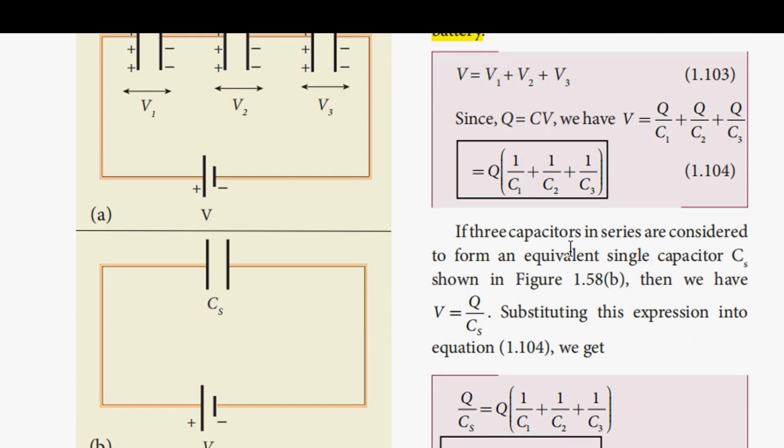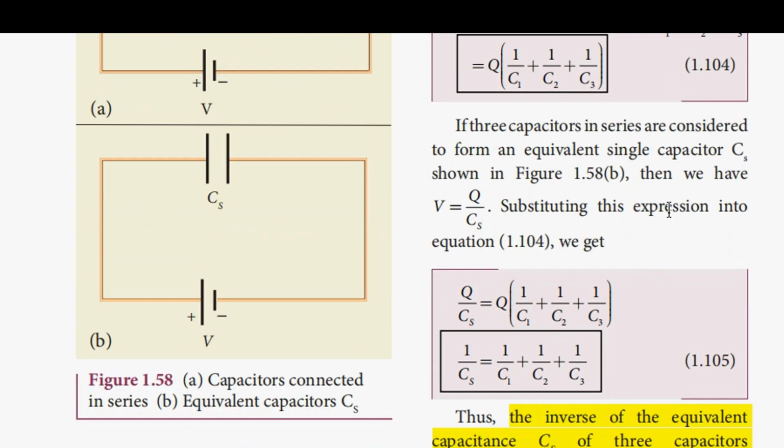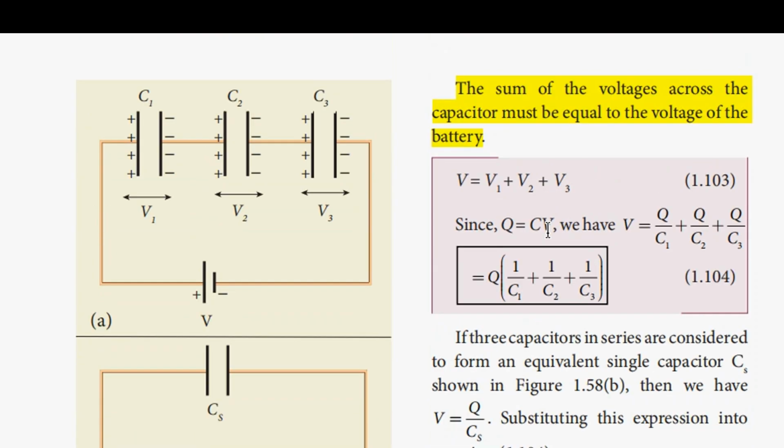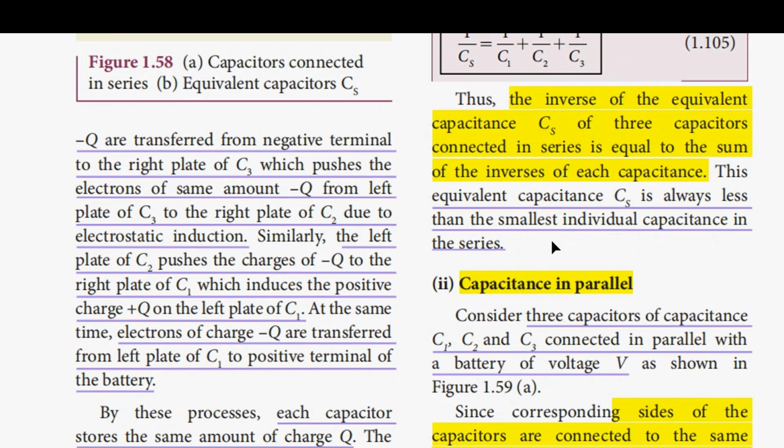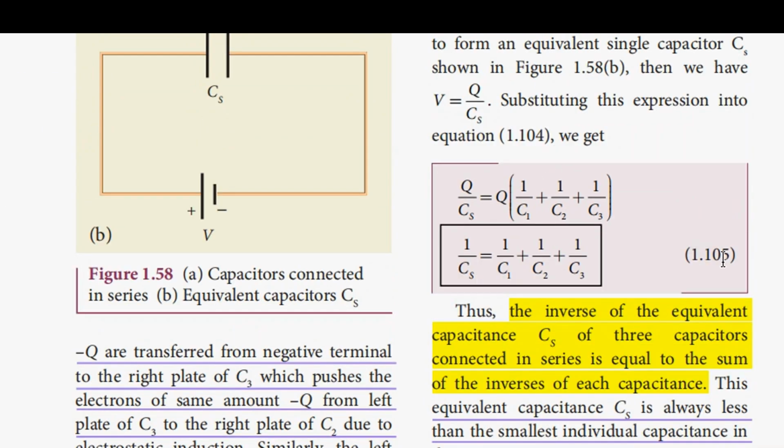So if these three capacitors in series are considered to form an equivalent single capacitor, CS, as shown in the diagram, then we have V equal to Q by CS. Substituting this expression in equation 1.104, we get this expression 1.105.